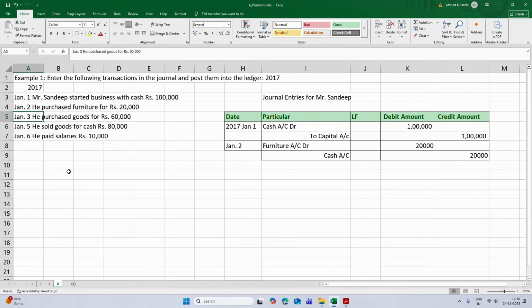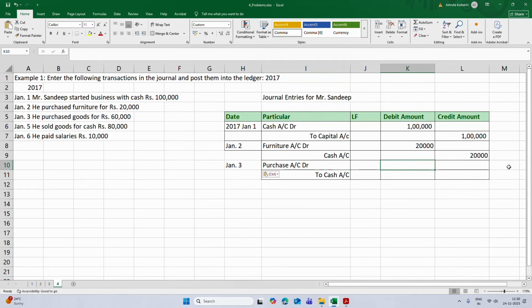Now on January 3, he has purchased goods for rupees 60,000. So purchase account will be debited by rupees 60,000 and cash account will be credited by 60,000.